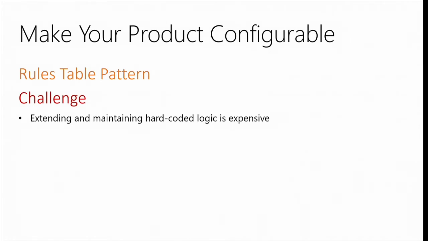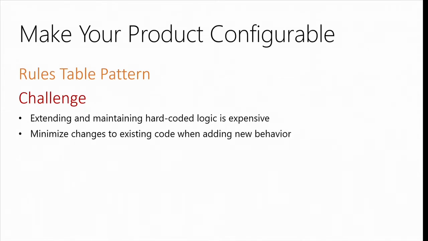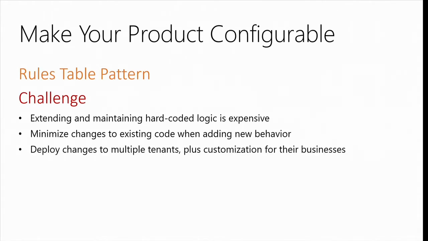However, we come across very complicated code that is not easy to extend because the logic itself is hard-coded. So what we really want to do is make as minimal changes as possible when adding new behavior or extending existing behaviors, so that it's easy to maintain the code later if we want to.